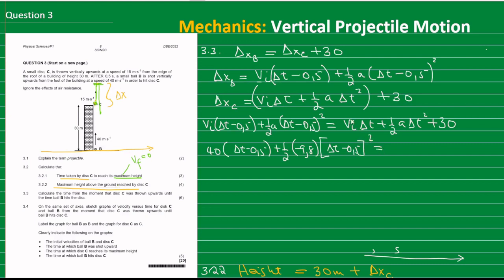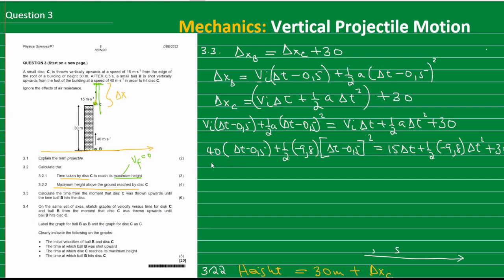This should be equal to the initial velocity for disk C, which is 15 meters per second, so 15 times the time it took, plus half the acceleration, negative 9.8, times delta t squared, plus 30. The rest is just to multiply this out.